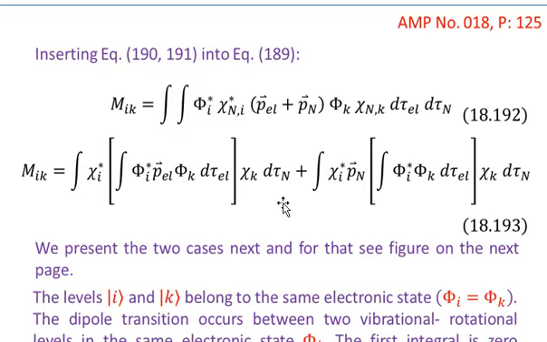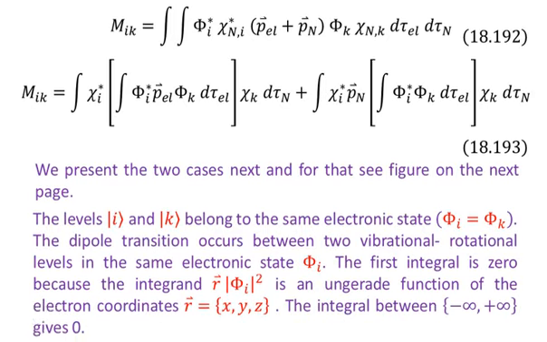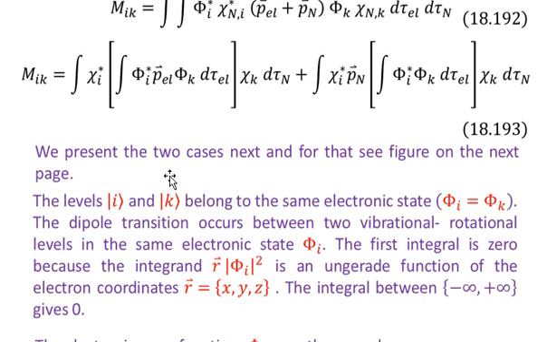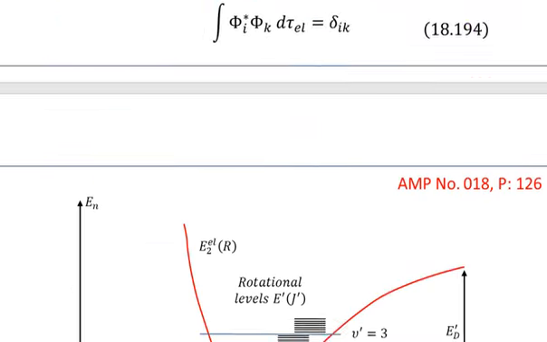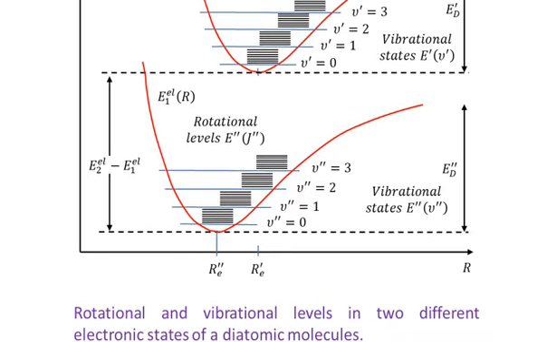Now you see that we have to analyze and solve these integrals under some approximations. We present the two cases next, and for that we see the figure on the next page. This is the figure: rotational and vibrational levels in two different electronic states of a diatomic molecule.